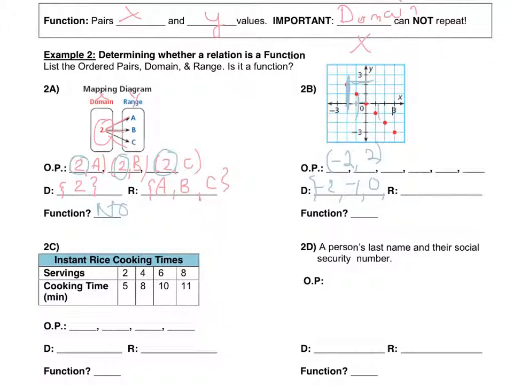And then it goes to 1, 2, and 3. For the range, it looks like the lowest y number it goes to is at that level, so -3. Then -2, then -1, and then 0, 1, and 2. Is that one a function? Yes, because none of those domain values repeated.